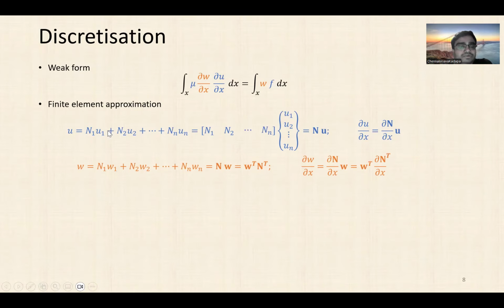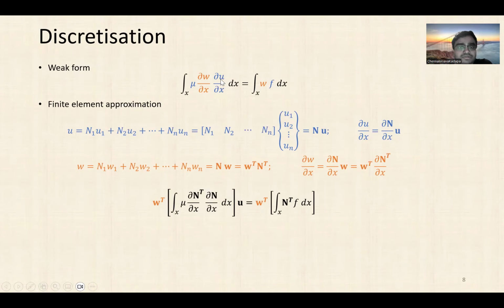Okay, now after taking the approximation, we can use ∂u/∂x equal to this and ∂w/∂x equal to this in the weak form expression, and w equal to w transpose into this right hand side. Okay, and then we can write like this. So for ∂w/∂x, we have w transpose (∂N/∂x) whole transpose.